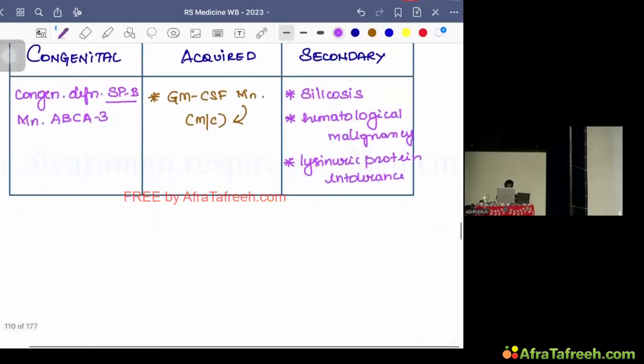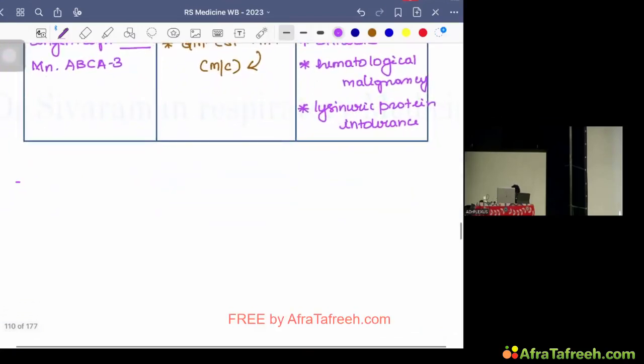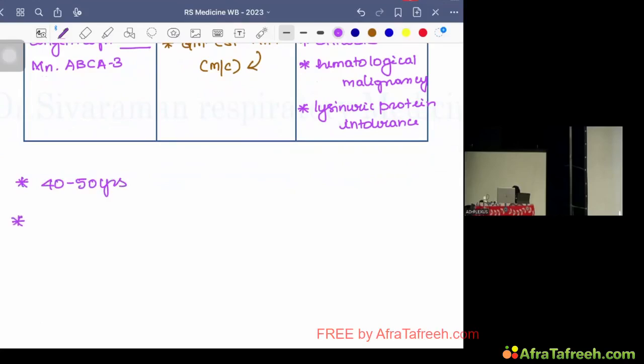So these are the common causes of pulmonary alveolar proteinosis. What is the most common age group? Around 40 to 50 years of age, where they are going to have productive cough. So one interstitial lung disease where there is going to be productive cough is PAP.